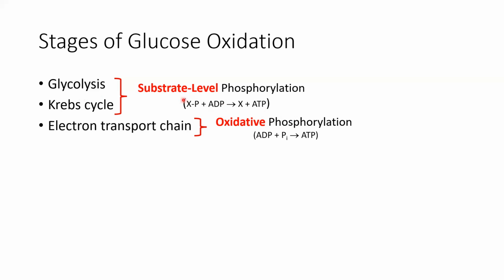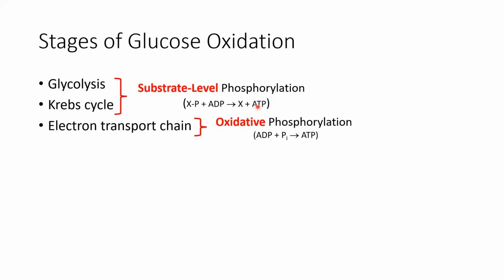So if we think about this molecule being a molecule that's phosphorylated in the cell, ADP on this end of the equation, and then we end up having the molecule now losing its phosphate, and then ATP made on this side of the equation.